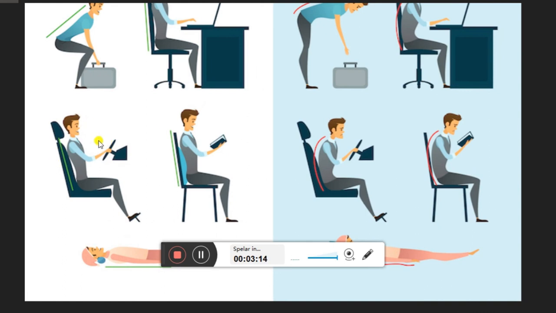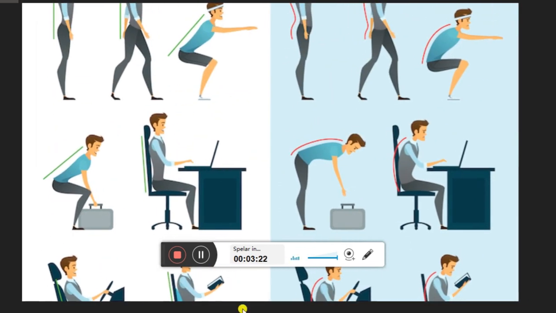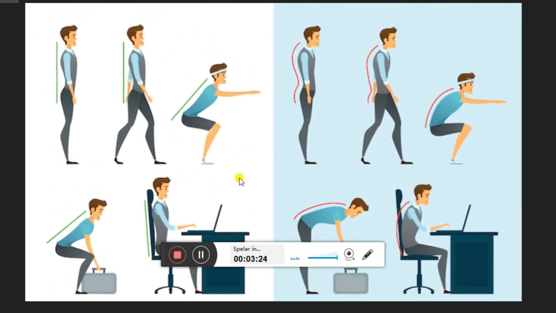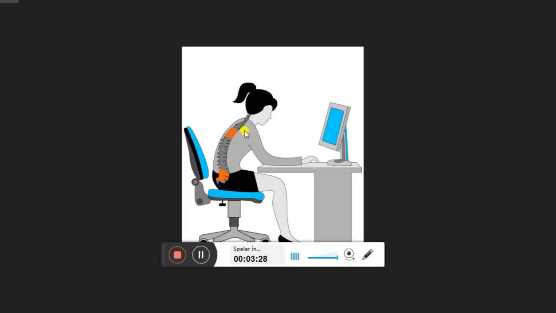Here also you can see how the person is sitting. So this is the wrong way and this one is the correct way. So next time whenever you are sitting or standing, you should be very careful. Here you can see the girl is sitting on the chair, and this is the way the vertebral column or the backbone is bent.